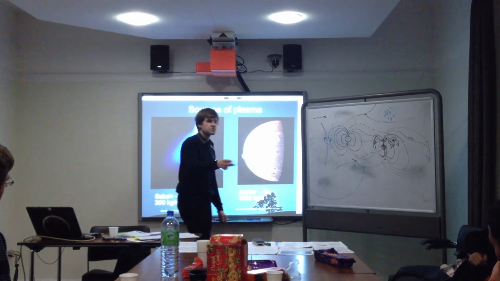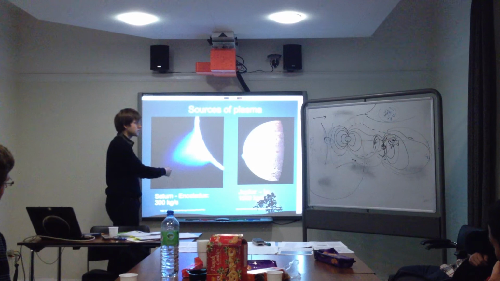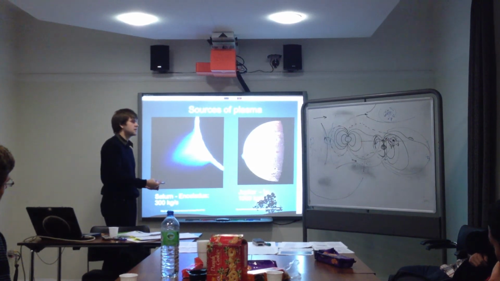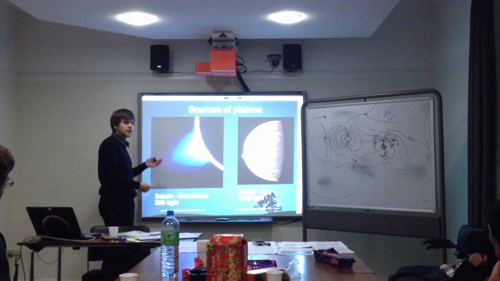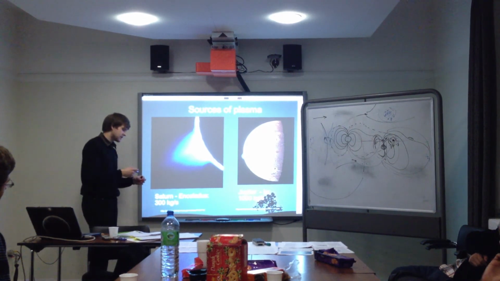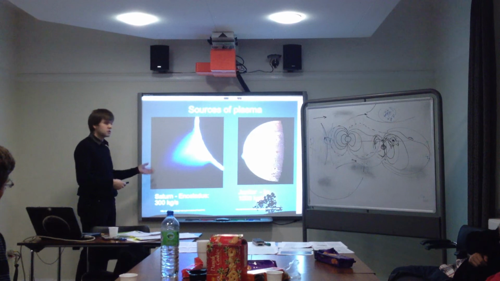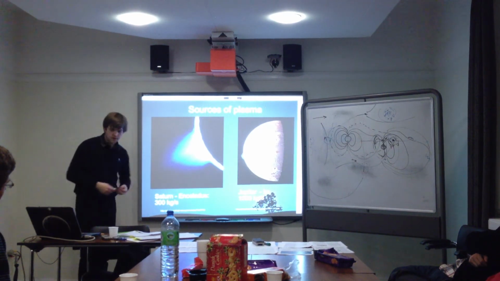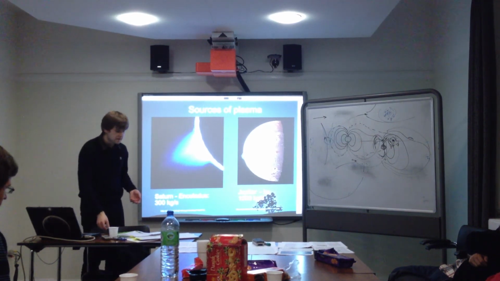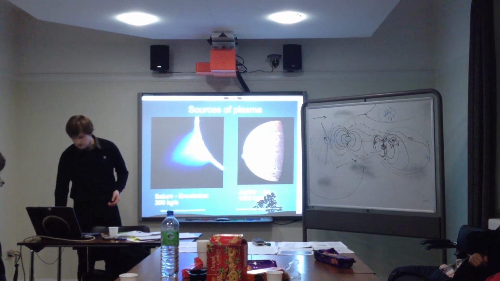So you do lose the plasma, and if you didn't have those moons which are constantly producing the plasma, then the system would not actually be affected, because you would quite quickly lose the plasma. And there is a relevant timescale which connects the amount of plasma to the properties of the planet itself and to the rate at which you lose it.